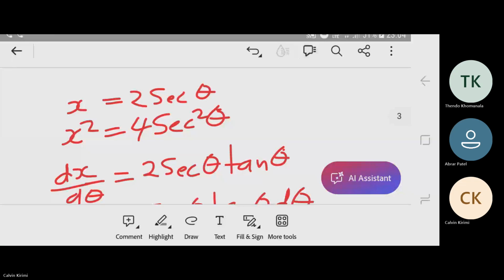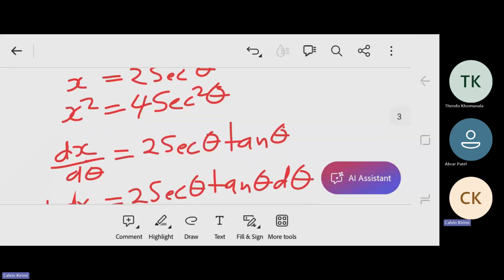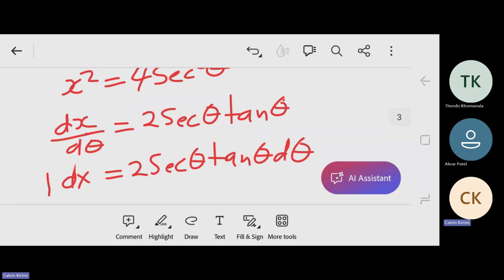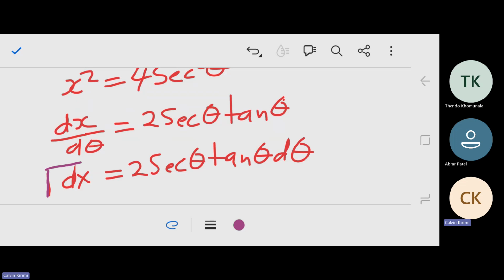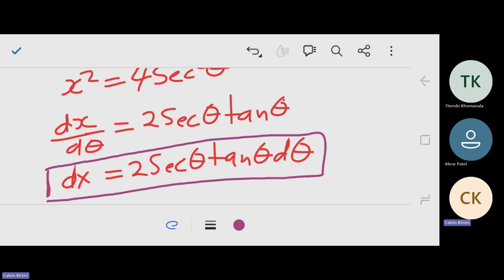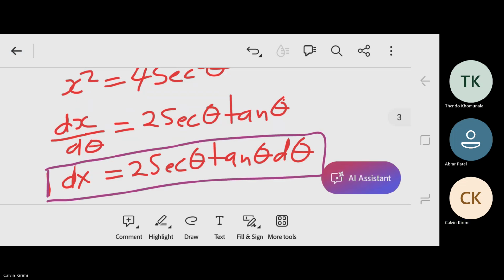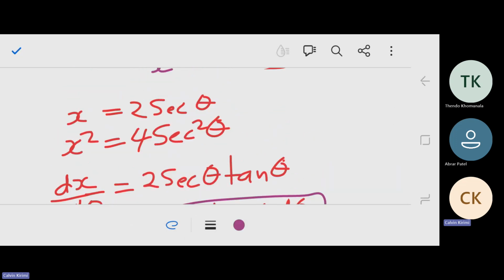Here we're saying x equals 2 secant theta, x squared is 4 secant squared theta, and dx is 2 secant theta tan theta d theta. So this is our value in terms of dx, and this is our value in terms of theta for x squared.